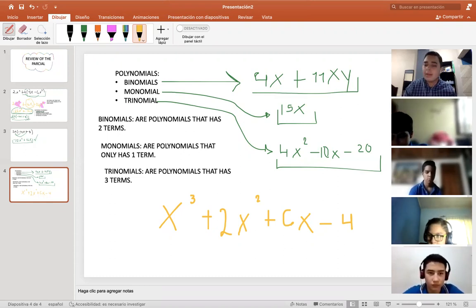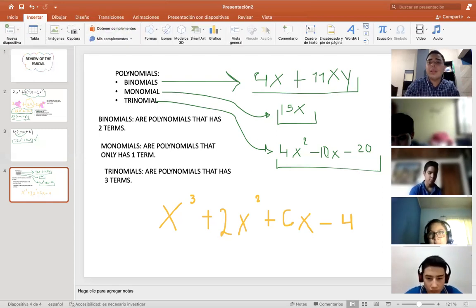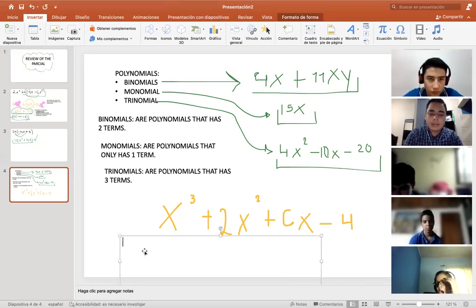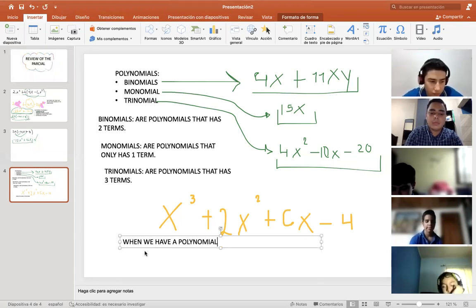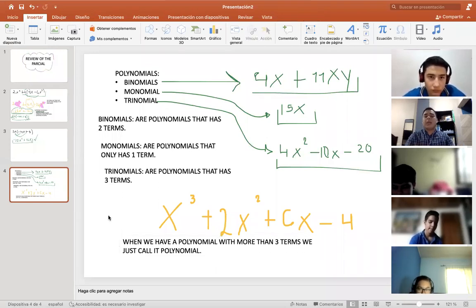They don't have any specific name. So we can put here: when we have a polynomial with more than 3 terms, we just call it polynomial, okay?